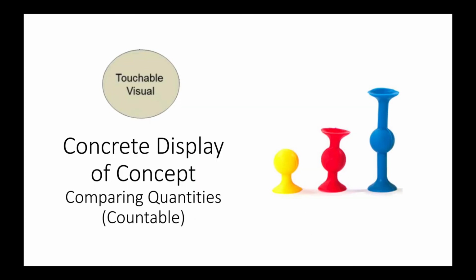The concrete, this is the most simple thing. It's just our Squigs. We just need something to be touching and exploring, something to root our learning in. Remember when we were talking about context earlier, we have something to explore and learn with. We use manipulatives to think with.